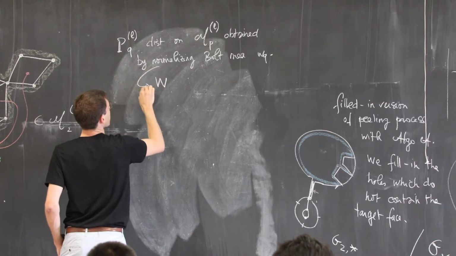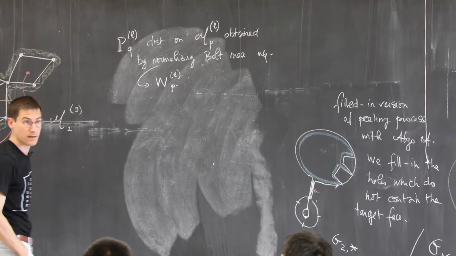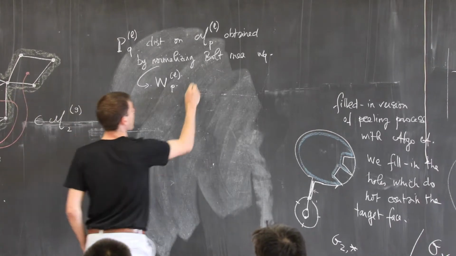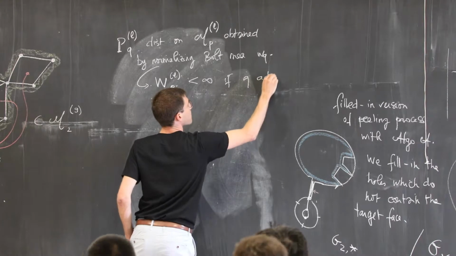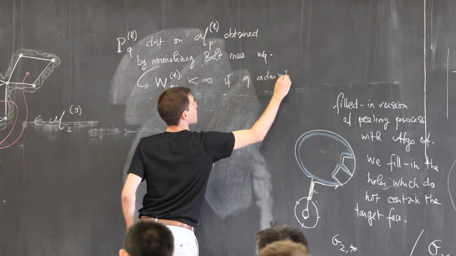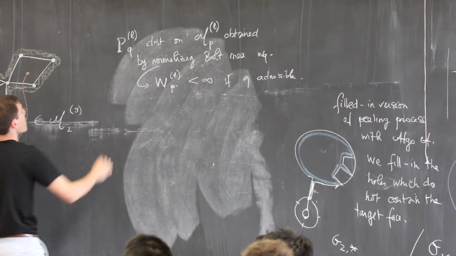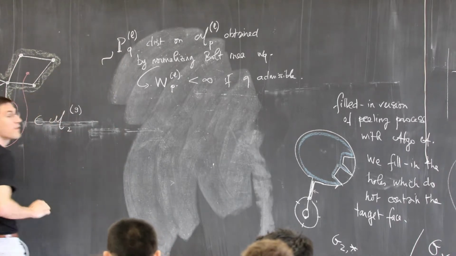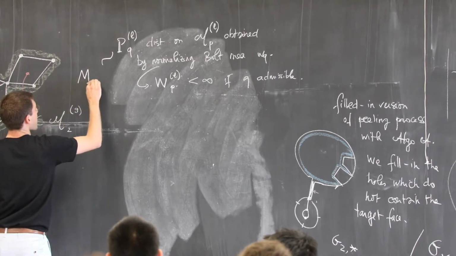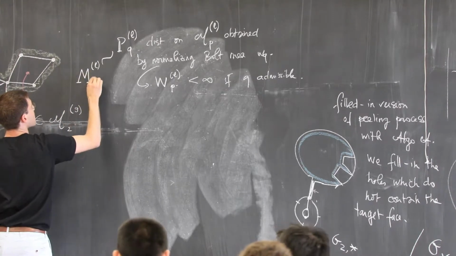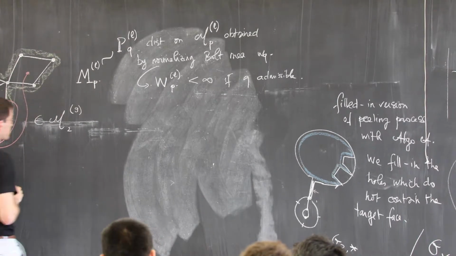The normalizing constant was denoted by W_{L,P}, and this is finite if Q is admissible. A map sampled according to this distribution I will usually denote by capital M_{L,P}. That's coherent notation, you will notice.